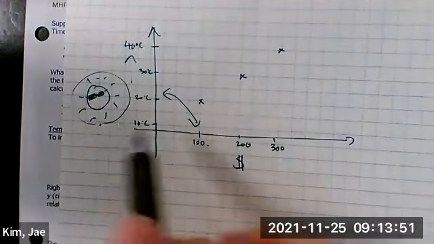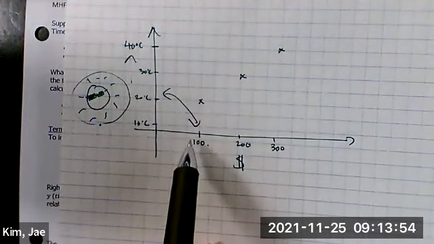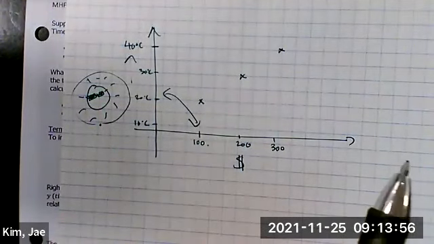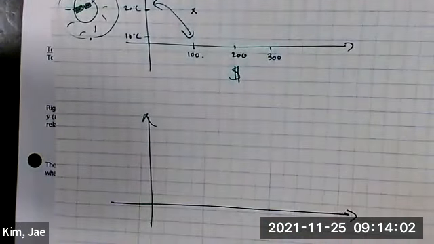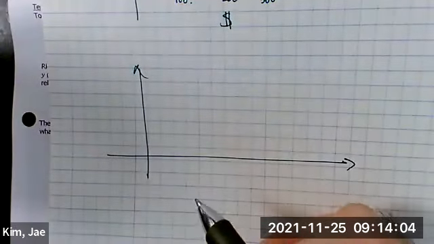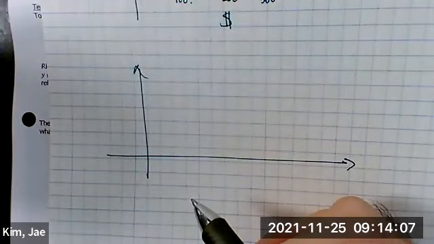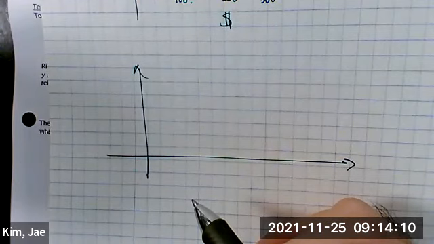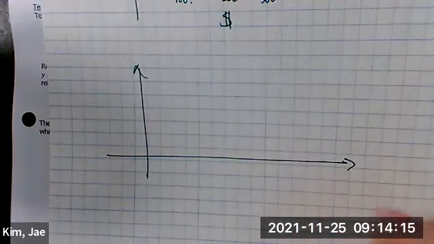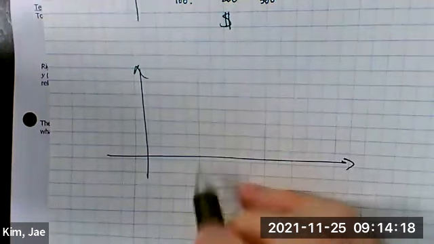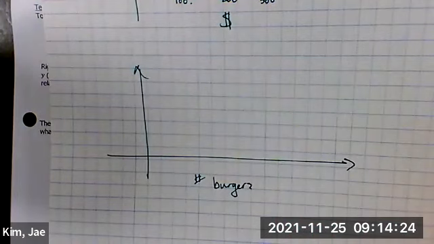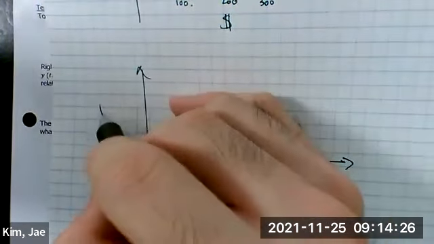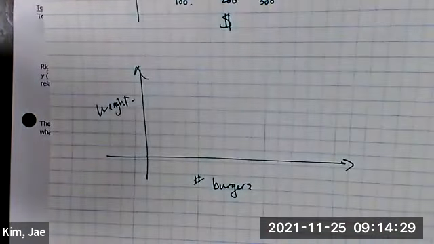So clearly there are situations where I made a mistake. But sometimes it's not clear if I made a mistake. Let's say in science, if people took a survey, and say the number of burgers I eat is going to change my weight.